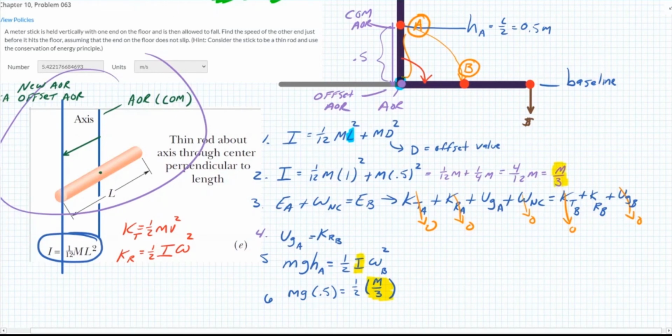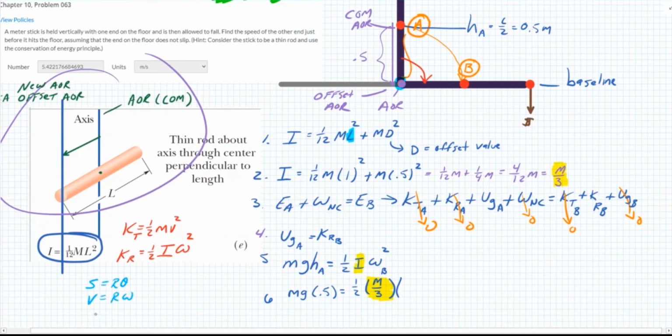Okay. And here's now birth of a radian time for omega B, because they want linear velocity or tangential velocity. Here's birth of a radian. Well, I better do a little sidebar for birth of a radian. All right, so just to remember, if S equals R theta, then V equals R omega.